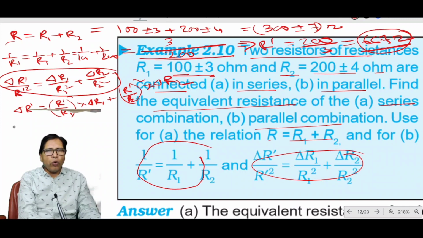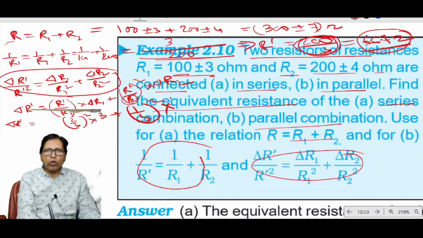Now this delta R dash equals R dash by R1 whole square into 3, plus R dash by R2 whole square into 4. R dash is 200 by 3, R1 is 100, so R dash by R1 is 2 by 3. R2 is 200, so R dash by R2 is 1 by 3.